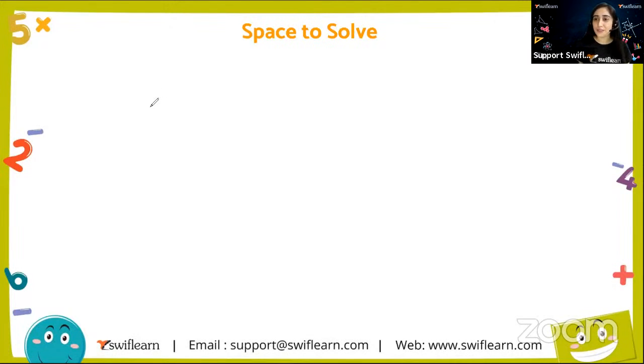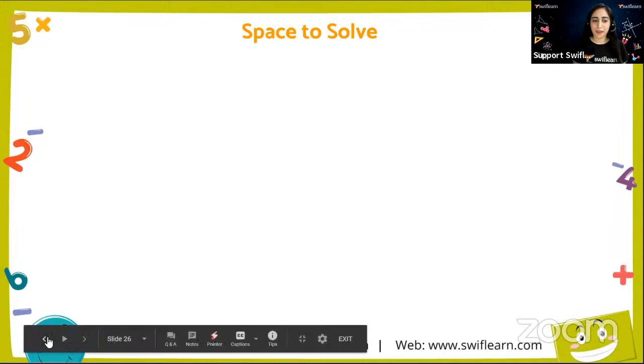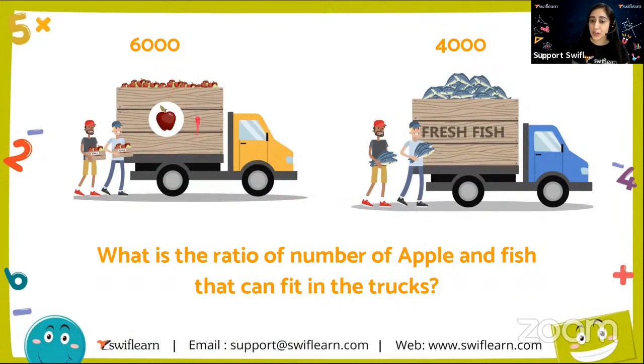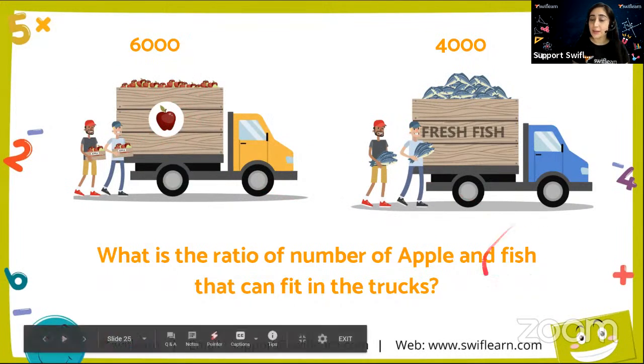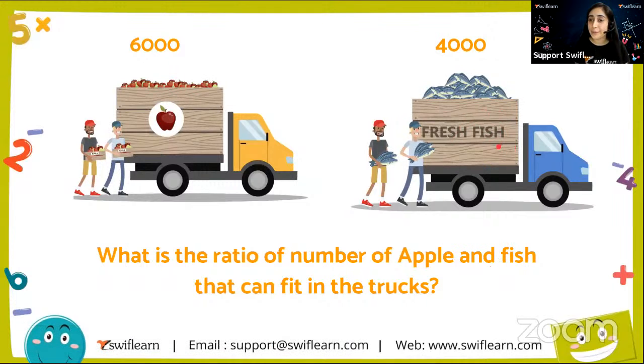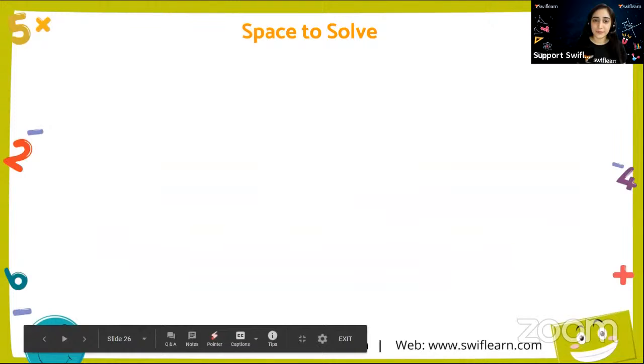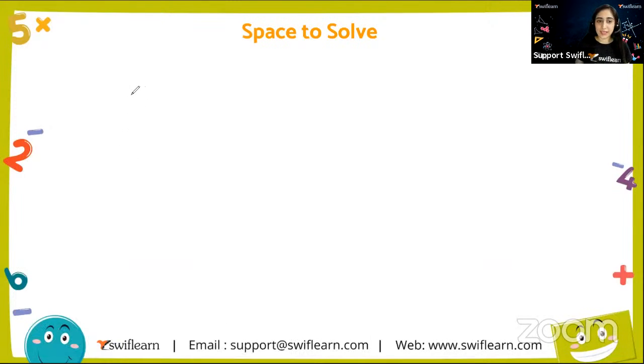So how do we go about it? What do we have to compare first? We have to compare the ratio of the number of apples, so apples will come first and the fish will come later. The number of apples is 6,000, whereas the number of fishes is 4,000.